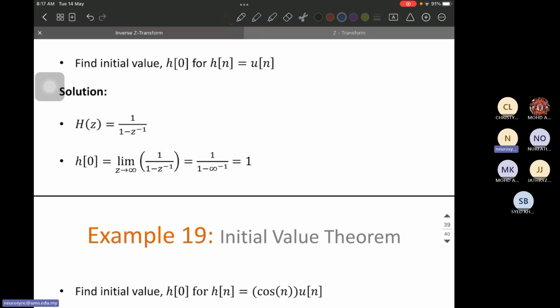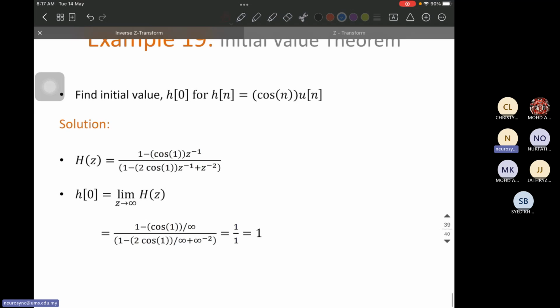Whenever you solve an example where properties are used, you should also mention which property you are using while solving the example. I will share the PPT with you, and I will mention some homework examples at the end of the PPT. So please try these examples and practice.